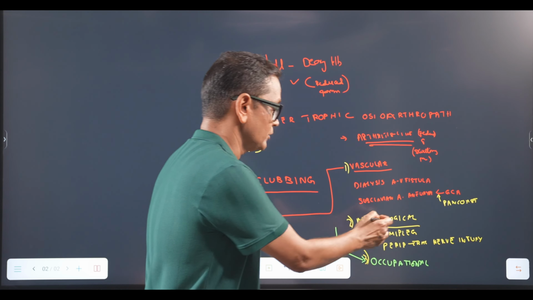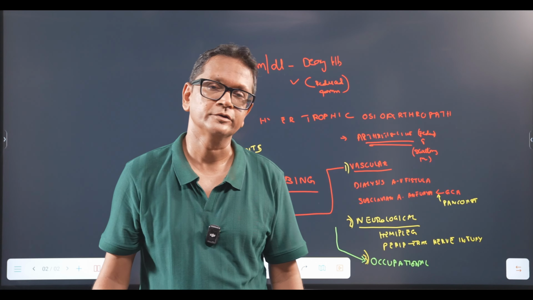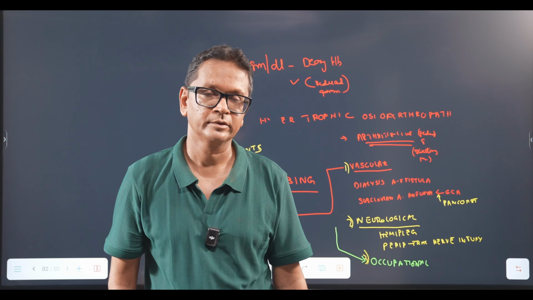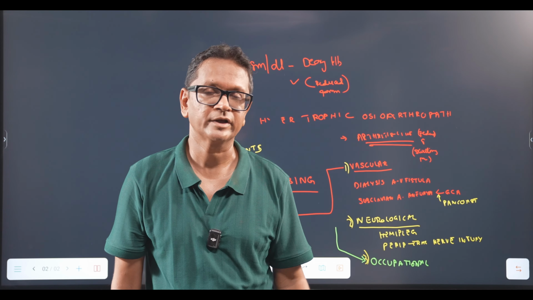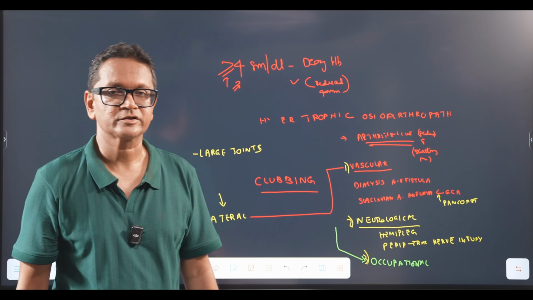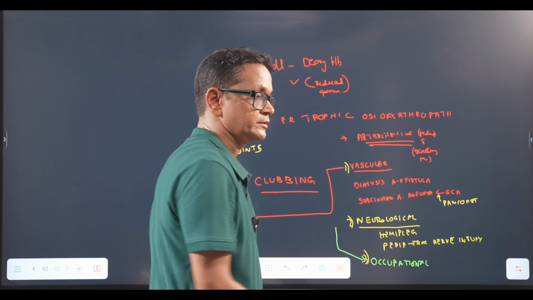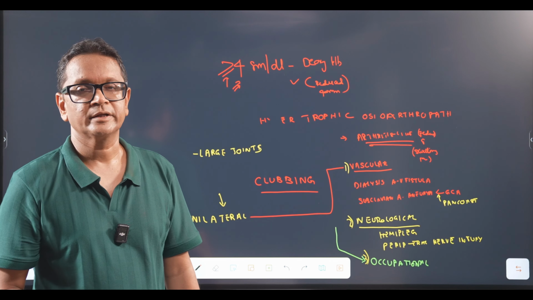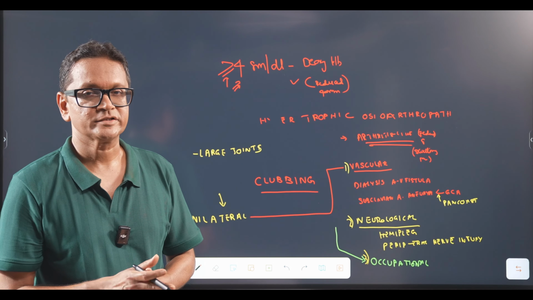Second one is neurological ones. Hemiplegia, means unilateral paralysis of a limb. Sometimes in such a hand or lower limb, one can see clubbing because of the disturbance in the local blood flow. Another one is peripheral nerve injuries. Peripheral nerve injuries can be of any type, like brachial plexus injuries or leprosy, those things.